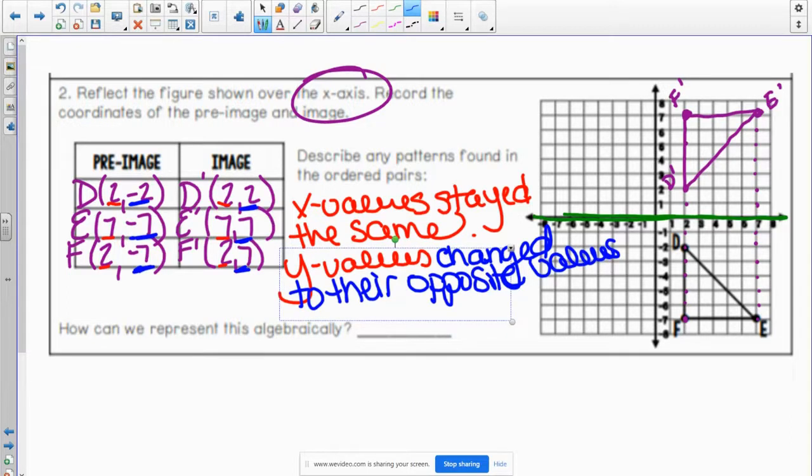Okay, so again, let's look at the ordered pair. So here's our original. So we already noticed the x's don't change. We're just going to write x, because x is going to be the same every time. Now the y, you got to be careful here, because some of you think of this. So if you had -2 and you're trying to get to 2, well, it's going to be the opposite. So that negative sign really means opposite in this case. So for example, we have -2 is our original right here.